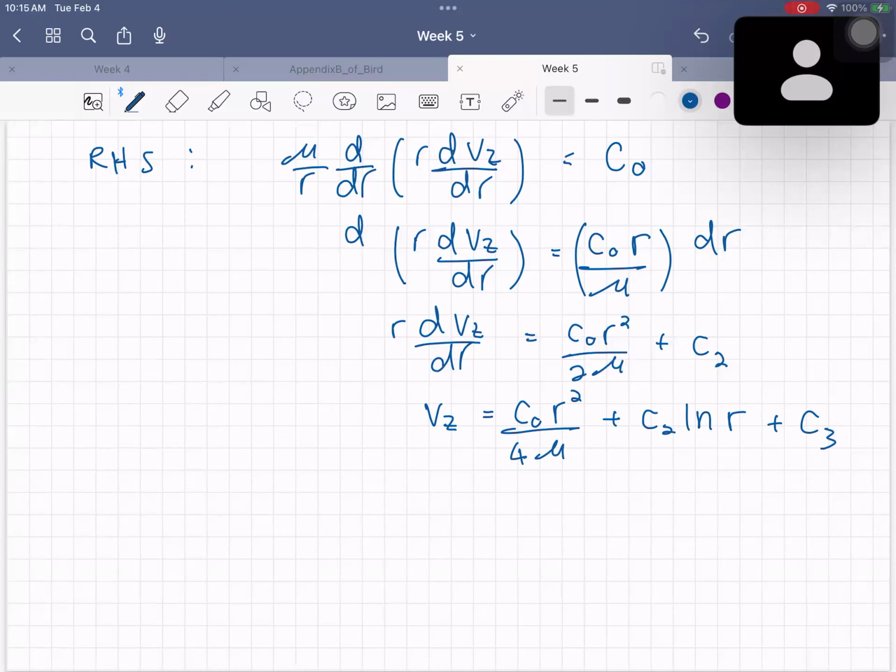Okay. So we're going to solve for C2 and C3 in this case, okay? Two constants. That means we need two boundary conditions. But in this case, it will be velocity vz as a function of r, right? What would be the boundary conditions?